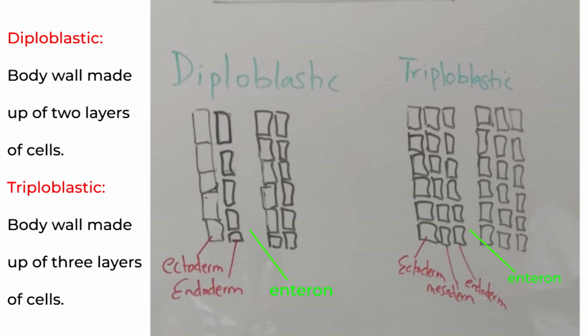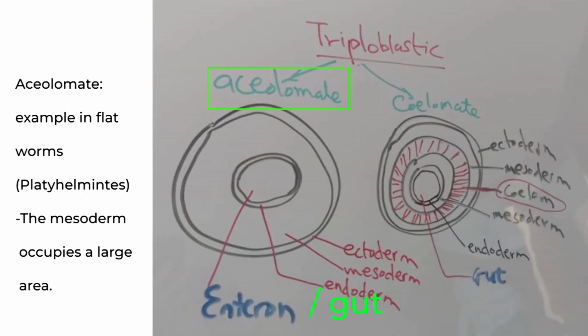Good. Now with the triploblastic organisms, we have some that are acoelomate and others coelomate. The acoelomates are in the phylum Platyhelminthes, the flatworms. In the flatworms, the mesoderm fills the whole space. There is no space in the mesoderm.